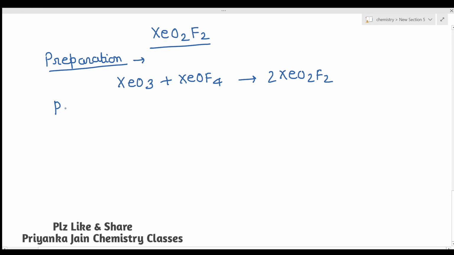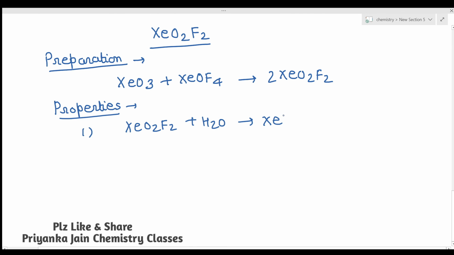Secondly, if we see its properties, firstly see its hydrolysis. XeO2F2 is hydrolyzed by water, so we get XeO3 plus 2HF. Second, it decomposes. XeO2F2 undergoes decomposition, so it forms XeF2 plus O2.